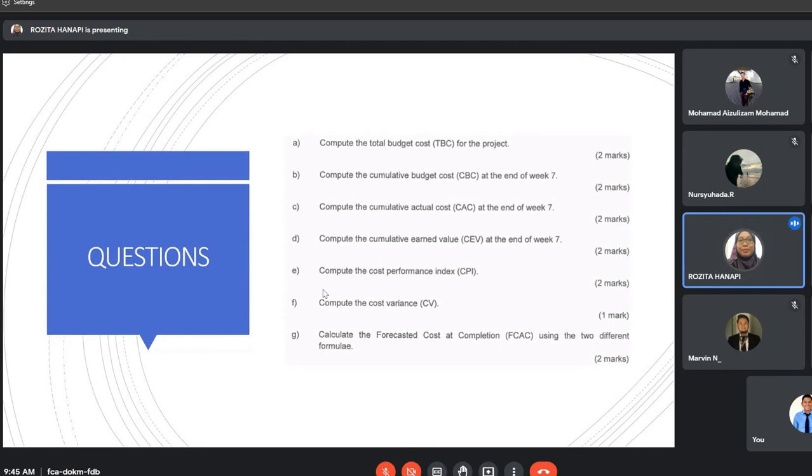Okay, cost variance is cumulative earned value minus cumulative actual cost.